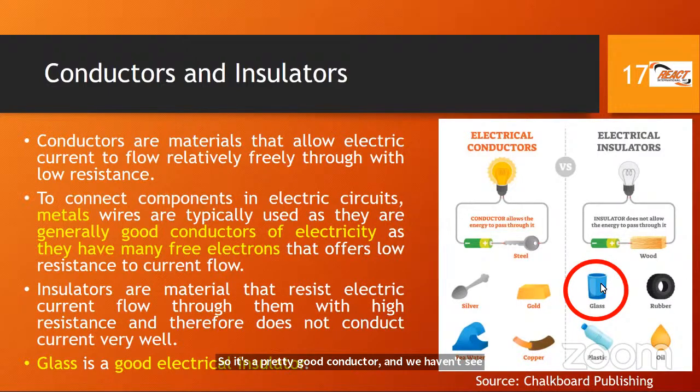But for our exam, we need to know that glass is a very good insulator or a bad conductor. This is actually an exam question that you'll get. They'll ask you, what are good insulators? And you need to know glass. So all of these are good insulators, but in your exam, glass will be the answer that you're looking for. So understand the difference between good conductors and bad conductors or insulators.